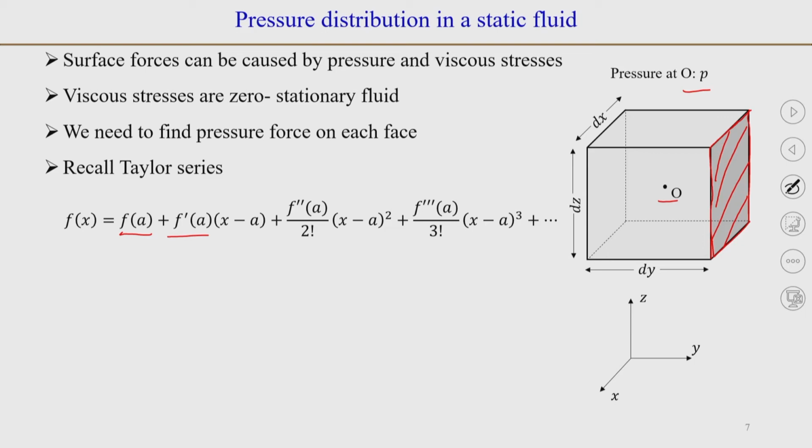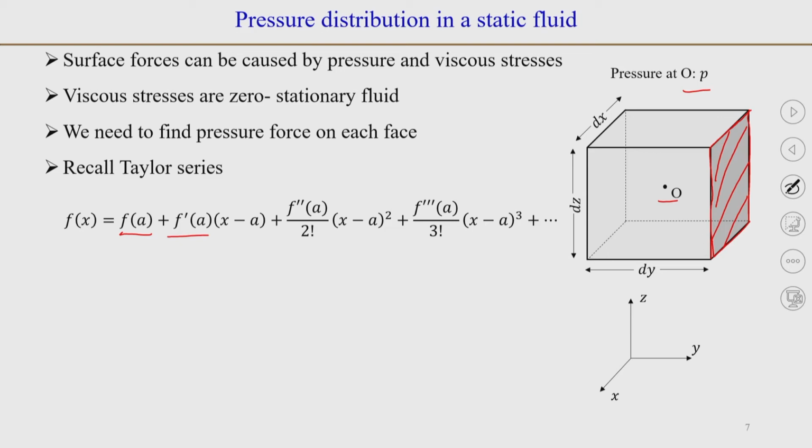So, f dash a into (x minus a), plus the double derivative of f with respect to x at point a, divided by factorial 2, into (x minus a) squared, and so on. Because we are taking an elemental volume, dy is small.